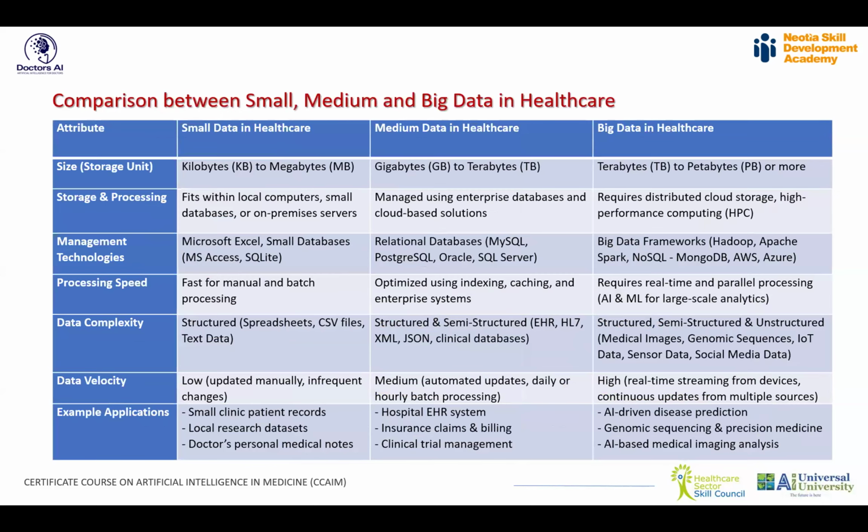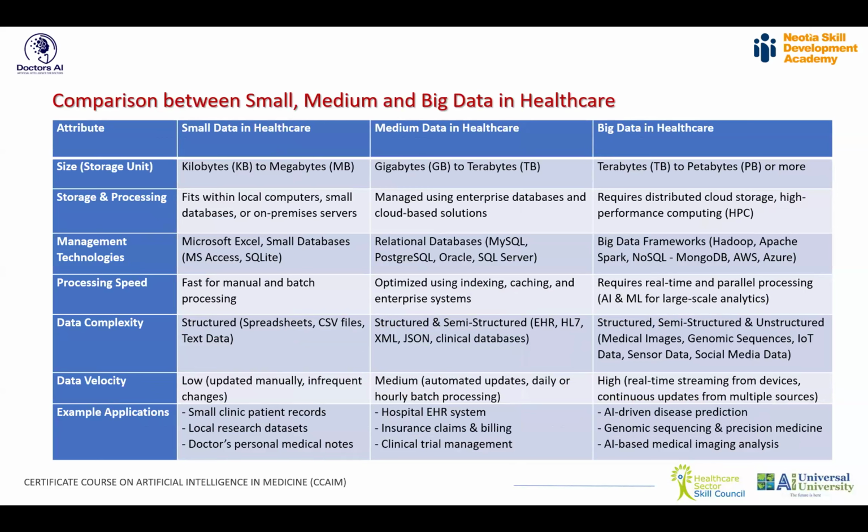So let's understand the categories of data: we call them small data, medium data, and big data. In terms of the size, from kilobyte to megabyte, it is small data. And we can store and process it on local computers in a small database.